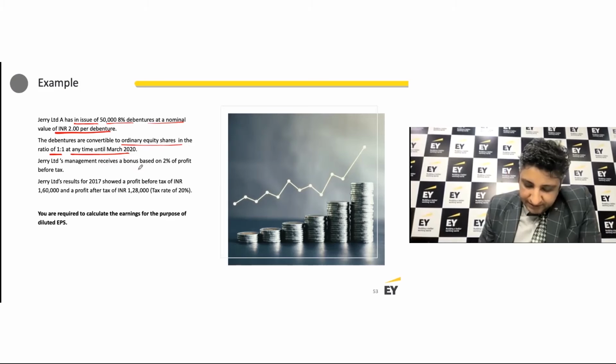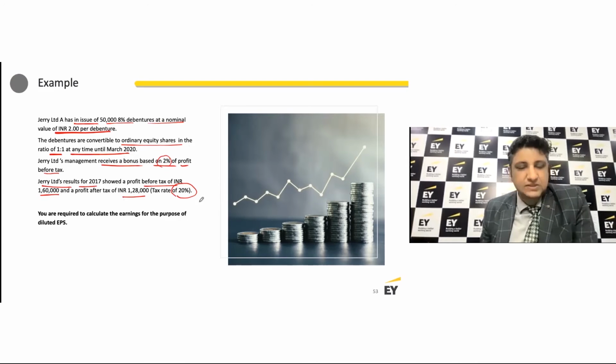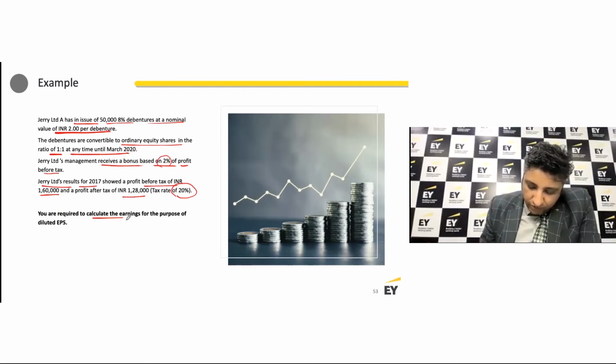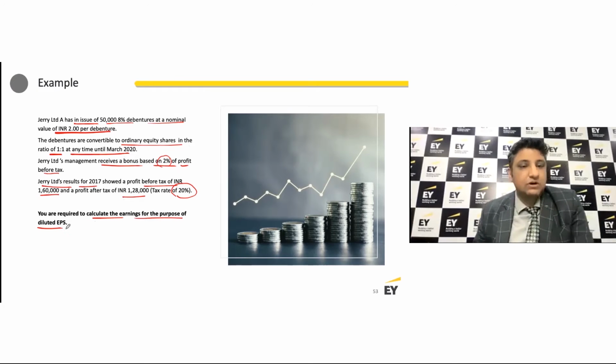The management receives a bonus based on 2% of profit before tax. Jerry Limited's result for 2017 shows a profit before tax of 1,60,000 and a profit after tax of 1,28,000. So tax consequences at 20%. The question is, you're required to calculate the earnings for the purposes of diluted EPS.